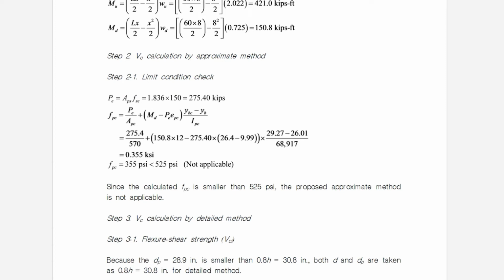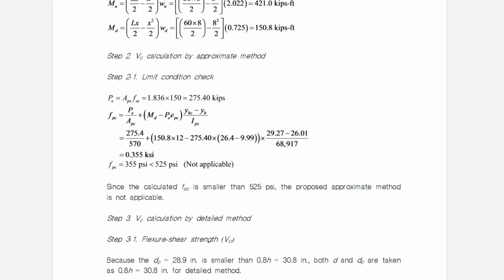FPC should be calculated. Unlike the regular precast girder or post-tension member, because it's a composite section, CGC for the composite member should be found out, and before applying the slab topping, it was actually the precast member only.